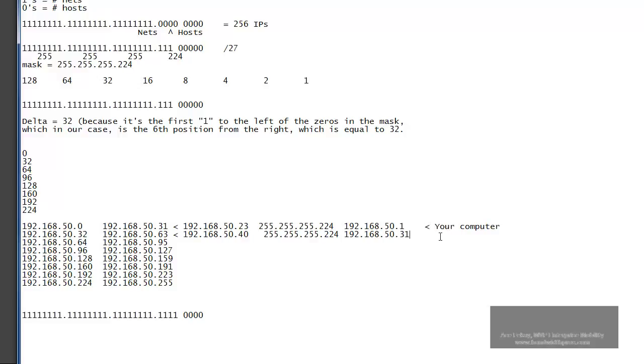This is the computer that you're trying to communicate to, the destination host. We're going to assume that routers on both sides are working, so you have communication. What your machine does is take your IP.